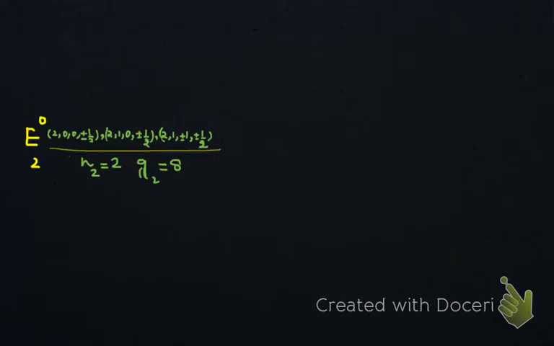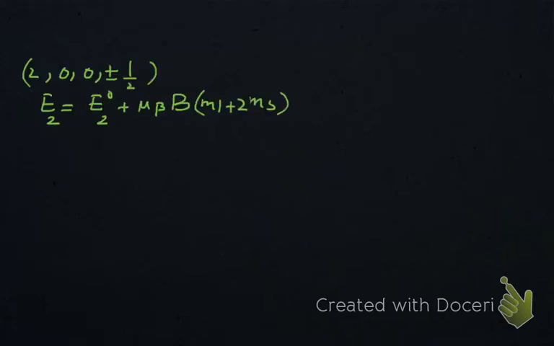Now you have to consider the splitting of these 8 levels in the presence of magnetic field. We consider separately all these levels and then we will show here the splitting. Here the splitting only depends on value of ms as ml is 0.